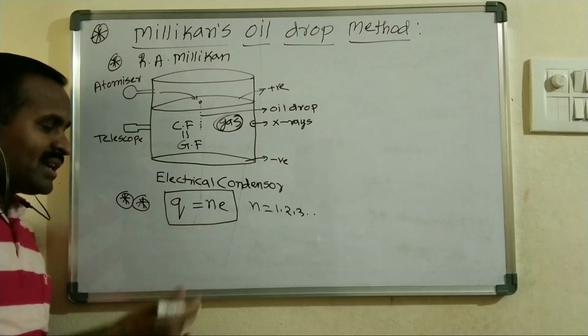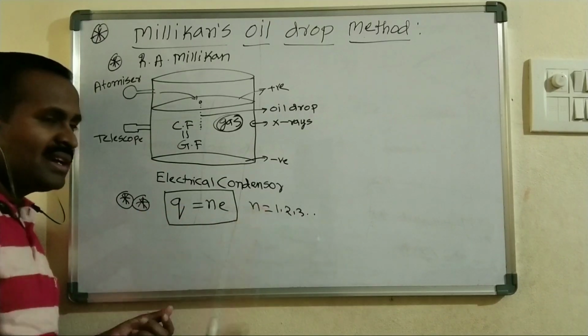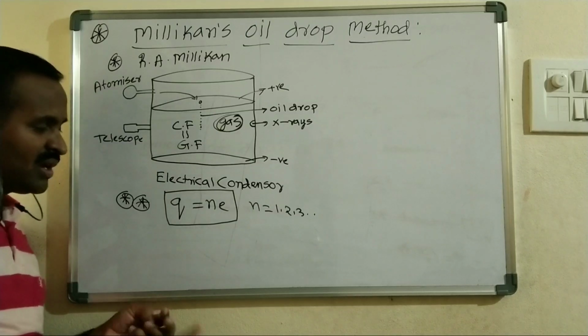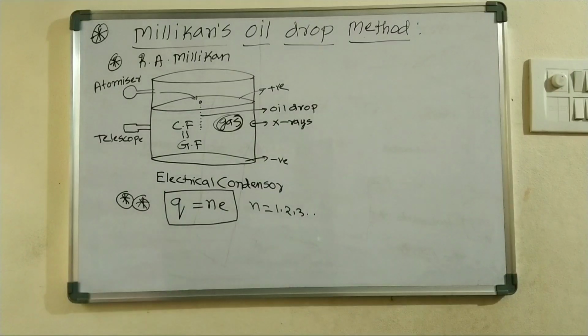Mathematically we can write Q equals N into e, where N equals 1, 2, 3 and so on. In such a way, Millikan determined the charge of the electron.